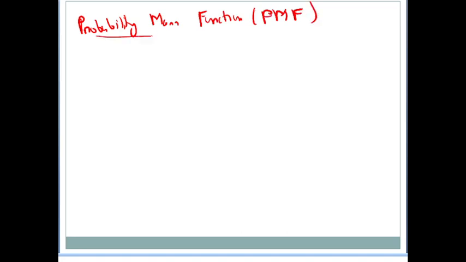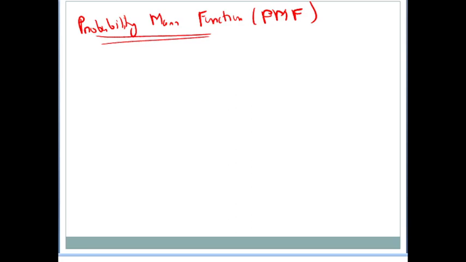Now let's discuss the probability mass function, that is PMF. Probability mass function, which is PMF.